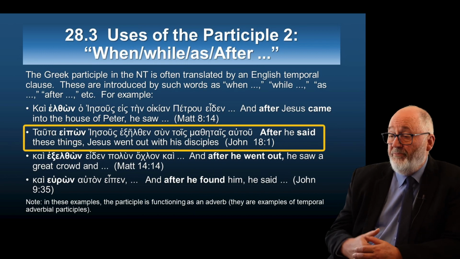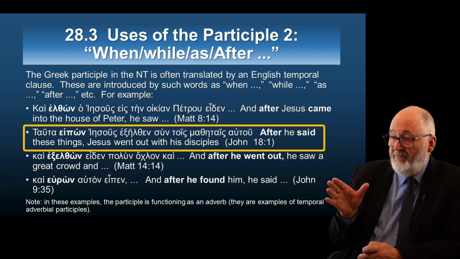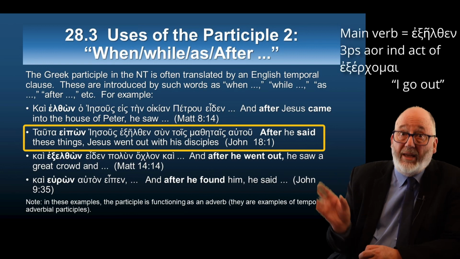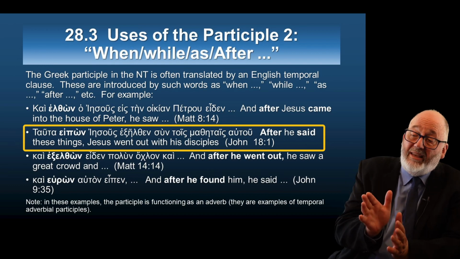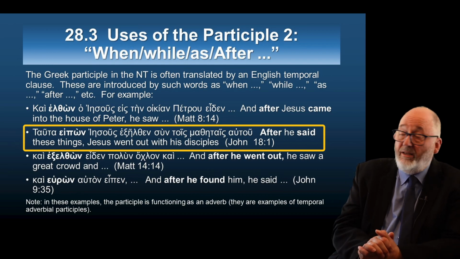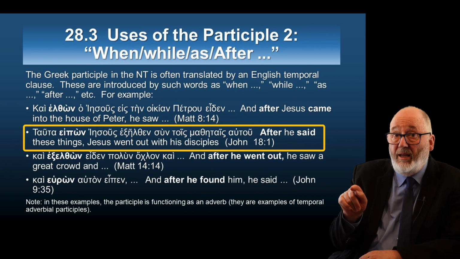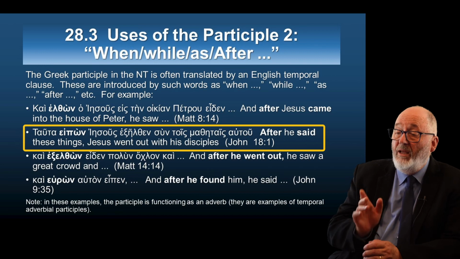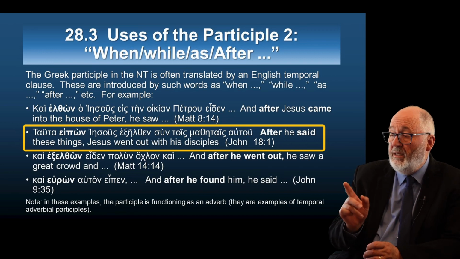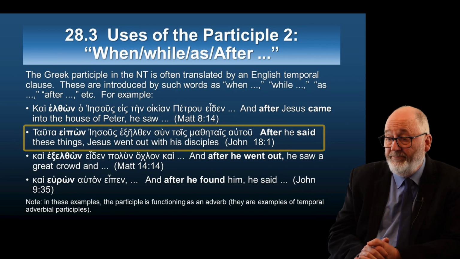And again, it's a reference to the verb, which is exelthen. So they went out, and the eipon is after Jesus said these things. So again, it's an aorist tense, so it happens before the action of the main verb. After Jesus said these things, he went out with his disciples.